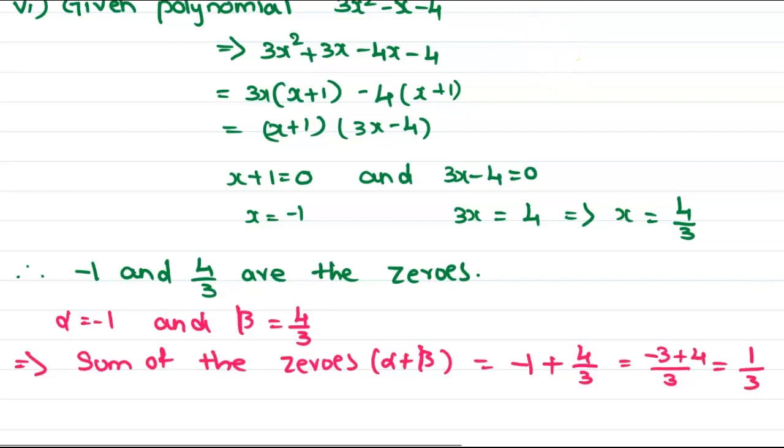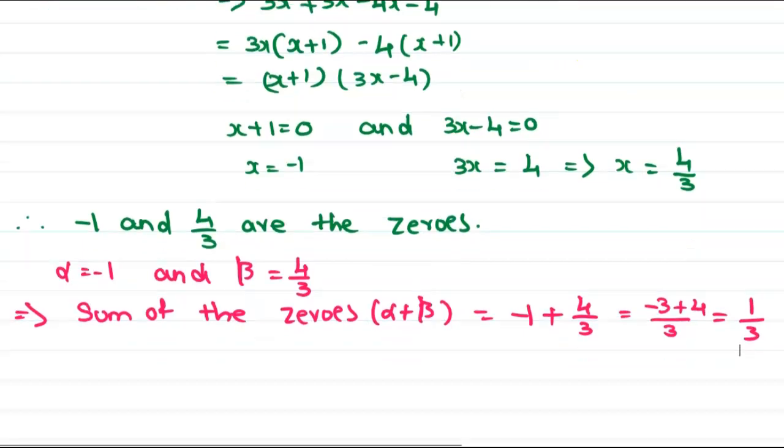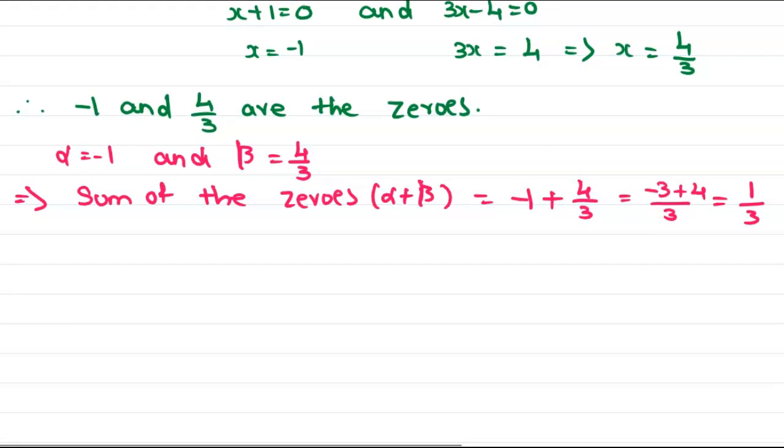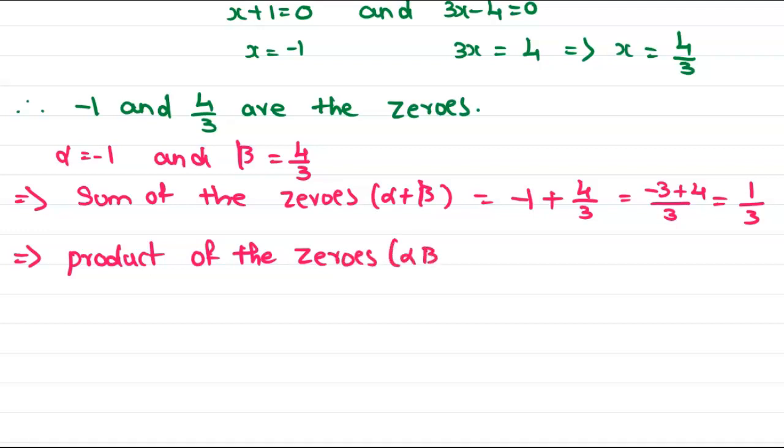So now the product of the zeros. So this is in the form of alpha beta is equal to alpha value minus 1 and beta value 4 by 3, that is equal to minus 4 by 3.